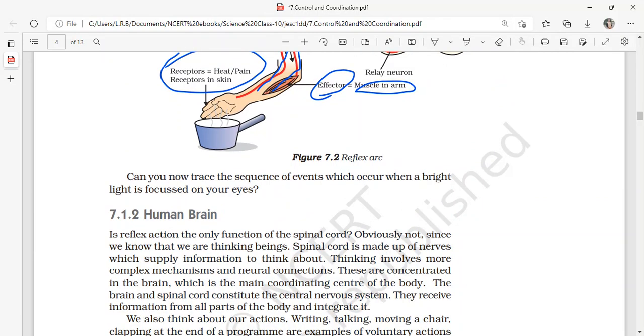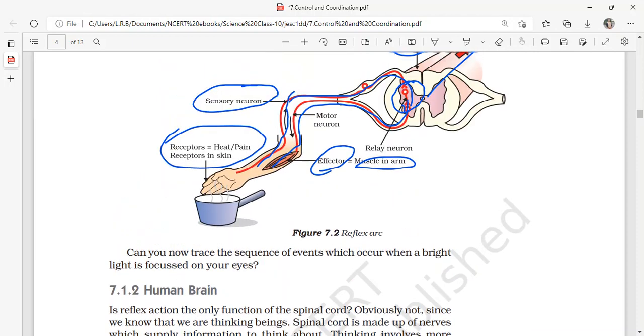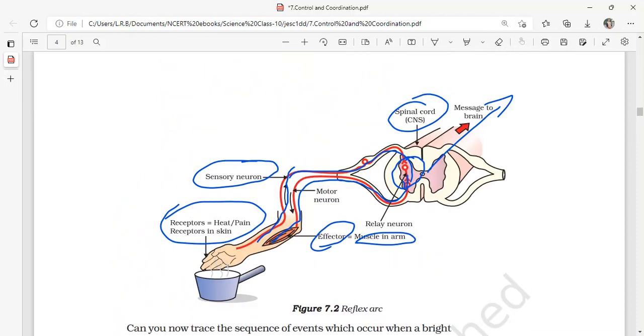Can you now trace the sequence of events which occur when a bright light is focused on your eyes? Yeah, the same case occurs. From the photoreceptors through the nerves to the spinal cord, and from the spinal cord to the iris muscles. Did you learn this from the Human Eye and the Colourful World chapter? Our eyes consist of muscles which help in regulating the amount of light entering the eyeball, isn't it?